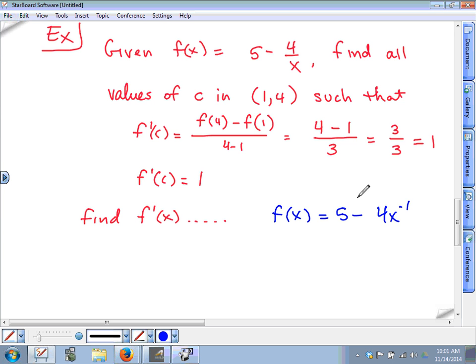You could use quotient rule if you want, but would you maybe agree this might be a little quicker? That probably is. So then, the derivative of 5 just goes away. F prime of x now, when you drop down the -1 to the -4, it becomes 4 x to the -2.